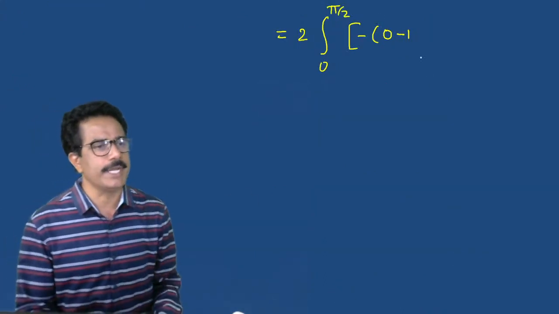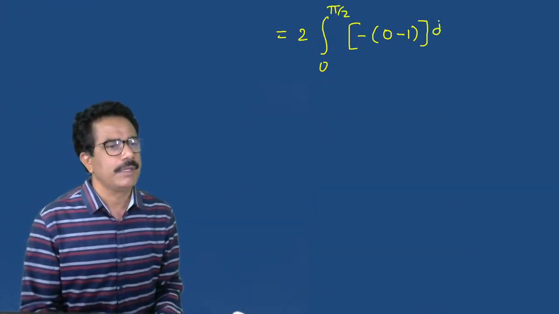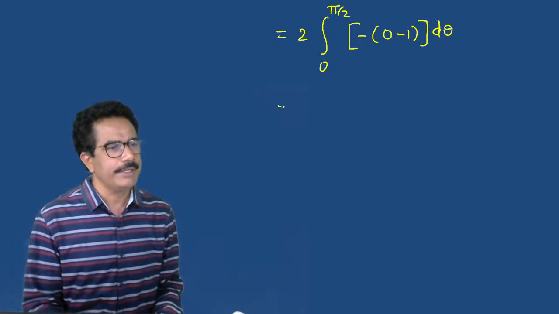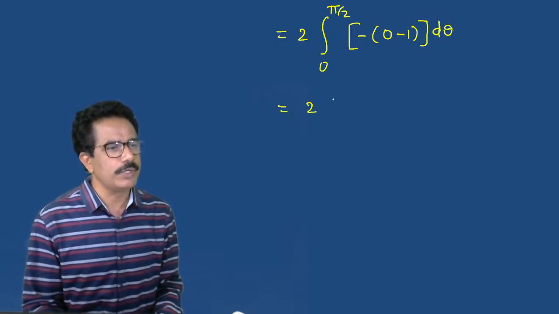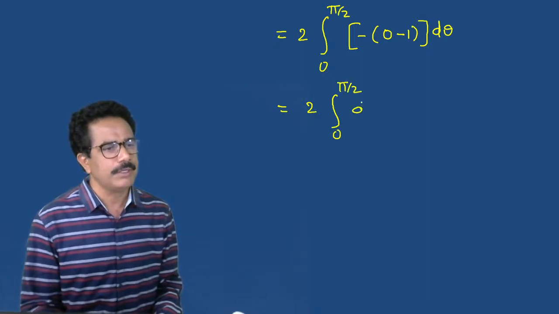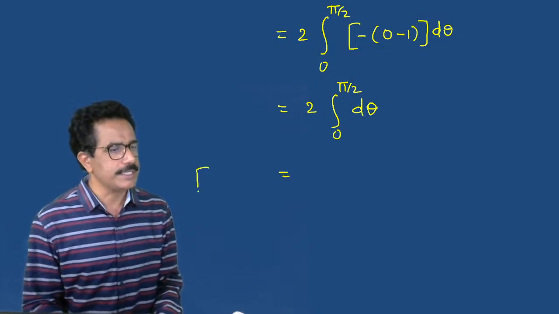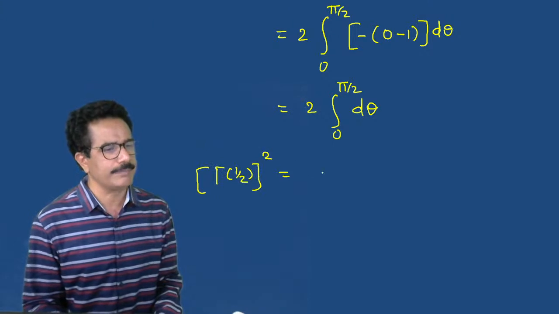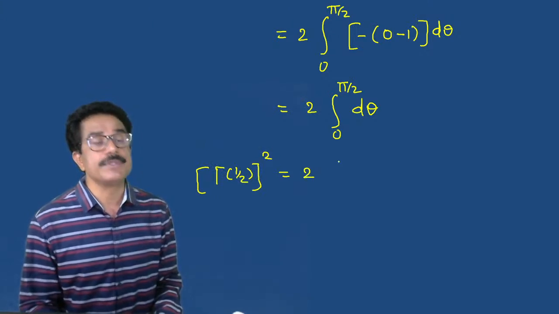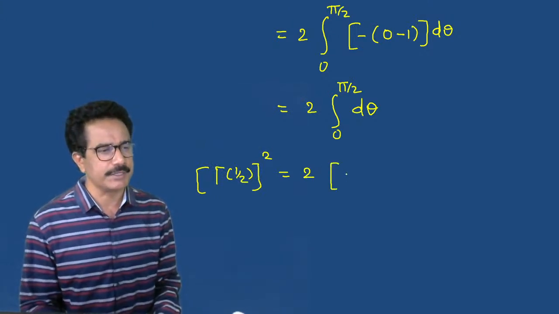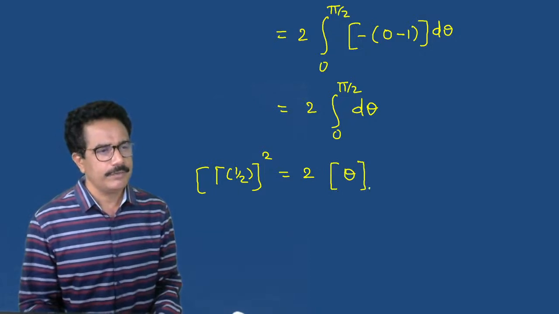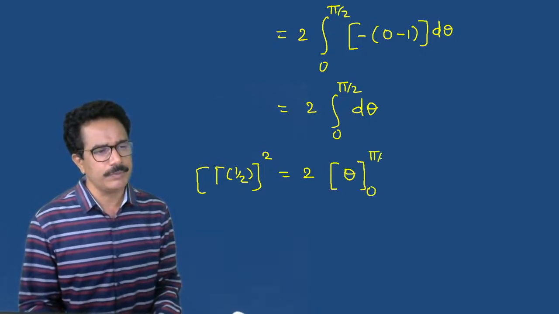So minus 1 into d theta. That means 2 times of integral from 0 to pi by 2, 1 into d theta. So this is the gamma of 1 by 2 bracket square. So 2 times of the integration of d theta comes to theta from 0 to pi by 2.